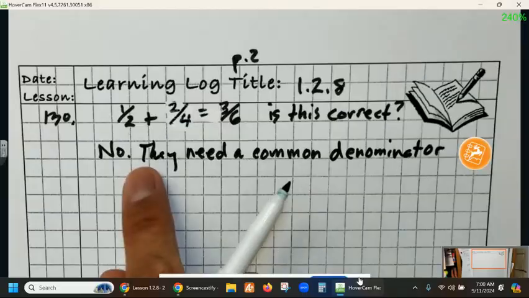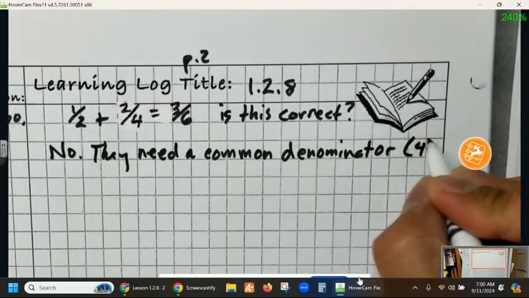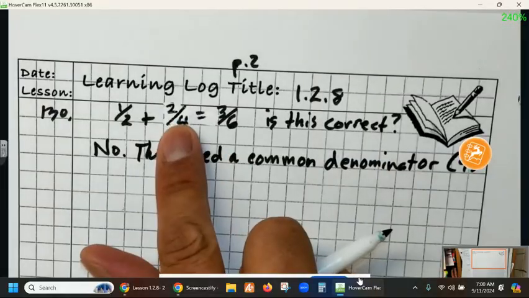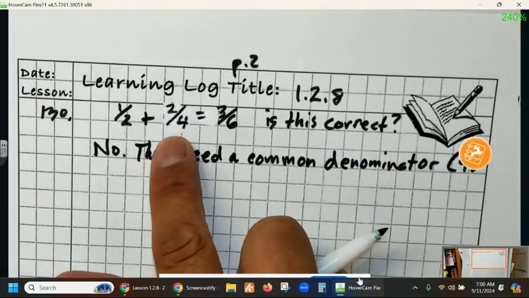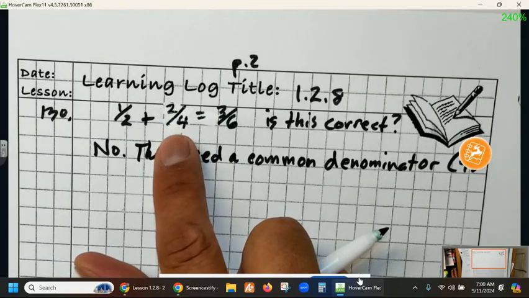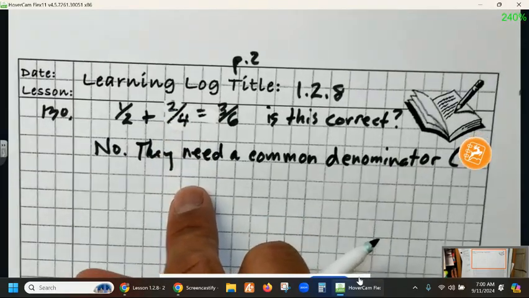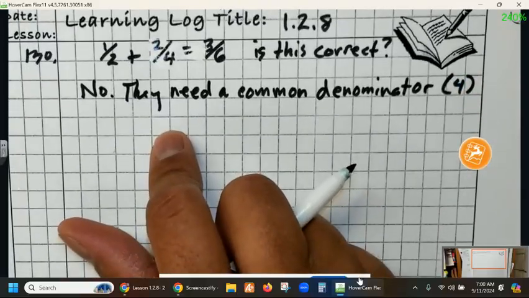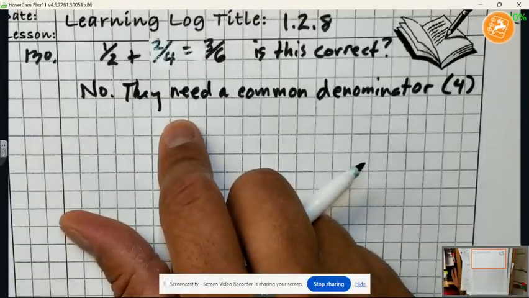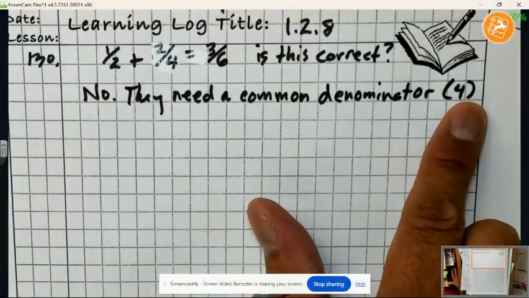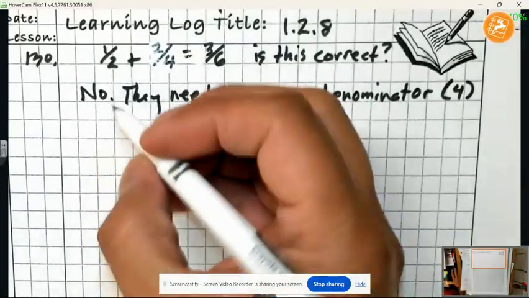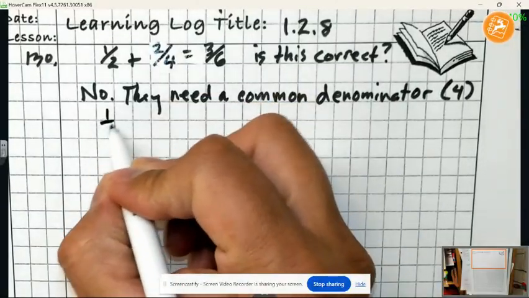Alright, and that common denominator is, in this case, 4. And the reason being, the two denominators both have 4 as a multiple. So the least common denominator is kind of the same as the least common multiple. So what we need to do now is change those fractions so that they both have a denominator of 4. So let's start with 1/2.